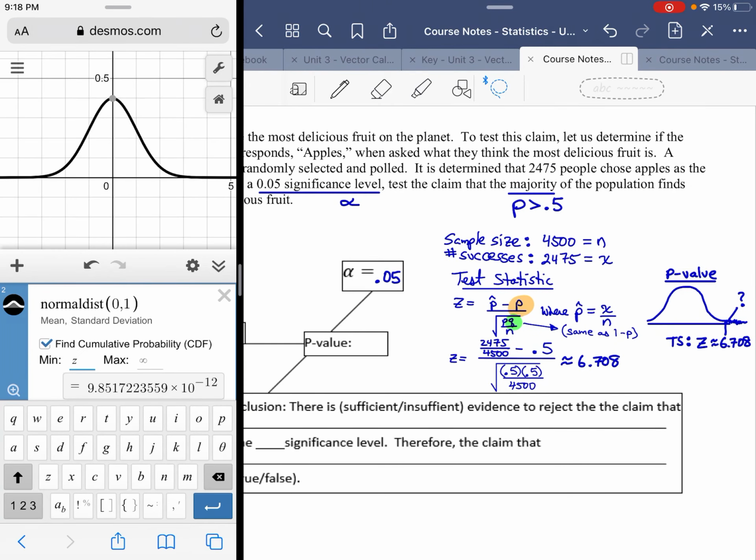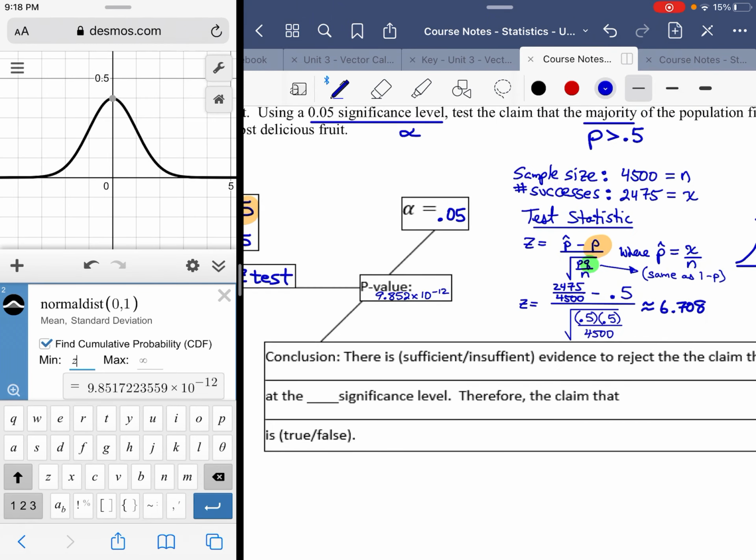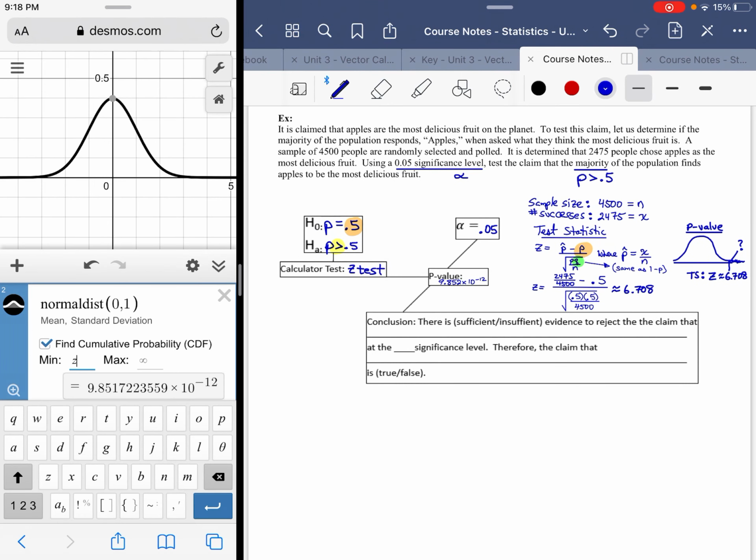That's our p-value: 9.852 times 10 to the negative 12th power. That's infinitesimal, teensy tiny. What that tells me, based off of the relationship between the p-value and the alpha value, is that we can draw the conclusion of whether or not we're keeping the null hypothesis.